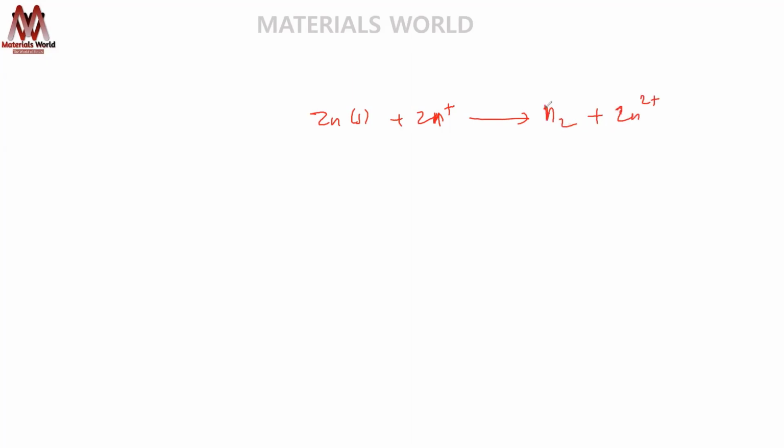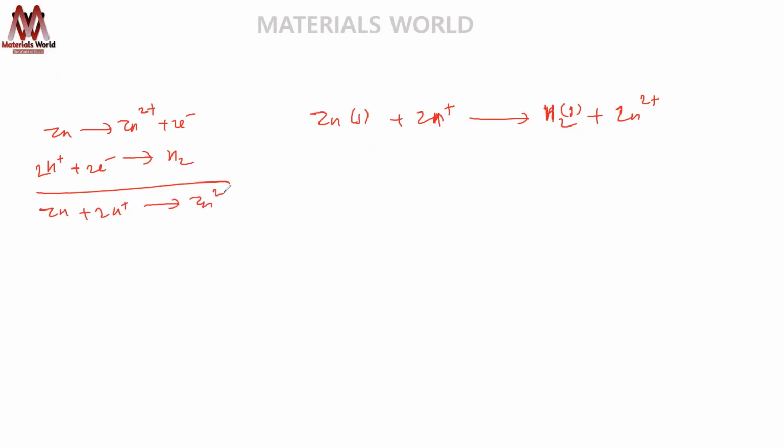Your H2 is a gas. The half reactions are: zinc is oxidized to Zn2+ plus 2 electrons, and hydrogen is reduced. So ultimately you get Zn plus 2H+ giving Zn2+ plus H2.